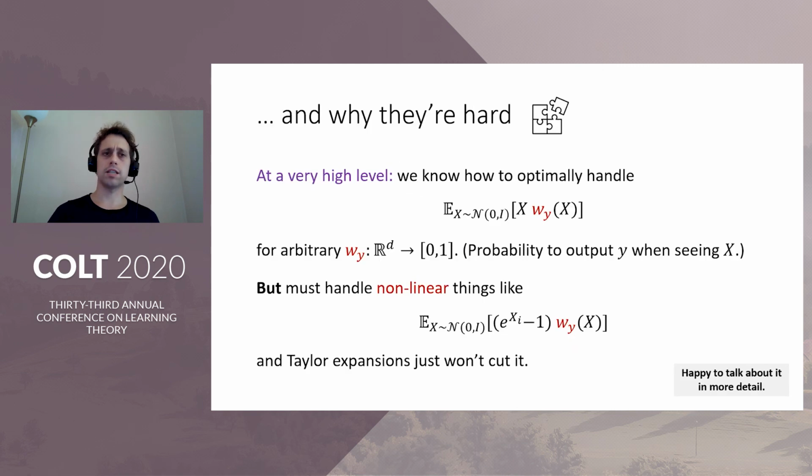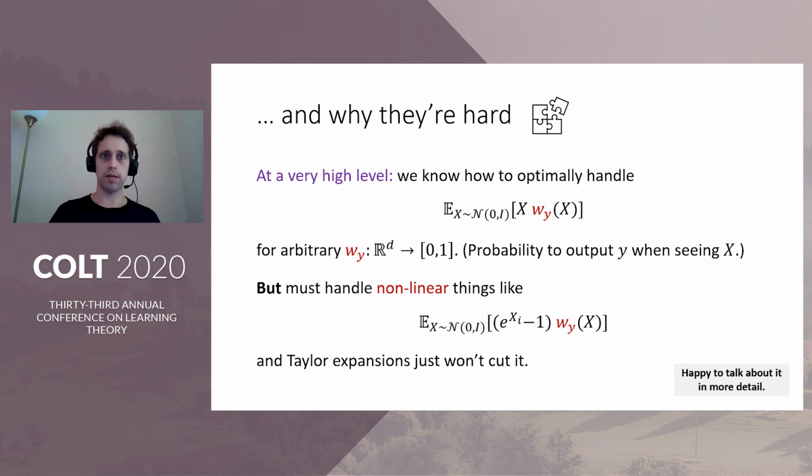So why is it hard? Well, again, I don't have much time. So at a very, very high level, the idea is we know how to optimally handle quantities of the form expectation under standard Gaussian of x times an arbitrary function of x, which corresponds to the probability to output a given message when seeing that x, which is great.